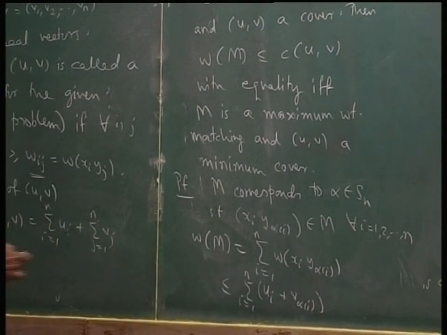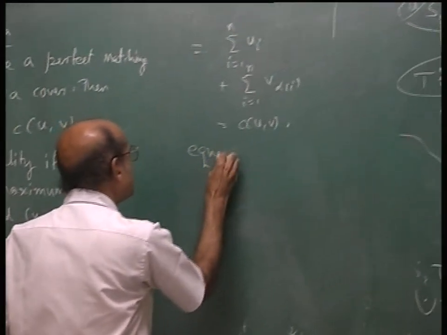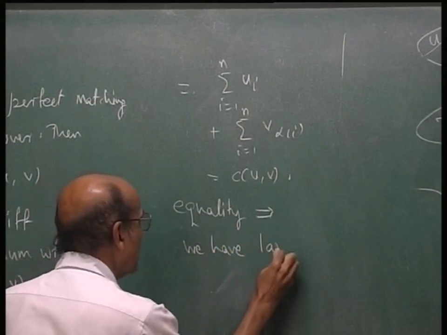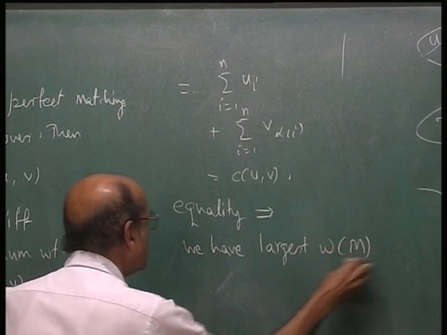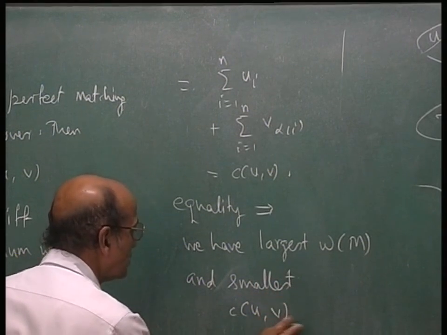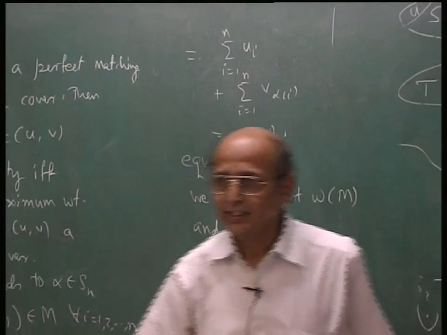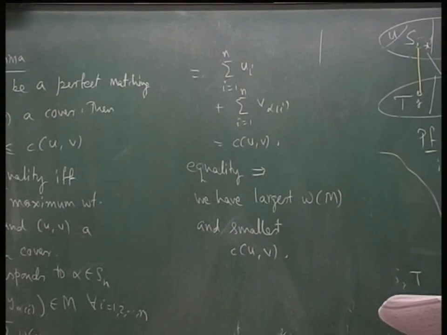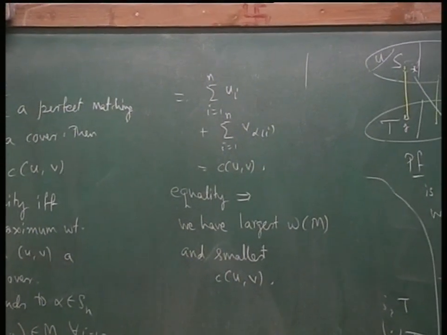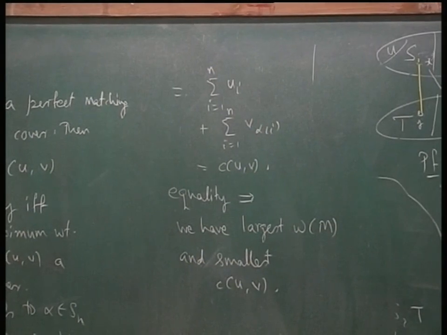So in case of equality, okay? This is sort of the theoretical basis for finding a maximum weight perfect matching in a weighted bipartite graph problem. Okay, this is the theoretical basis for doing it.